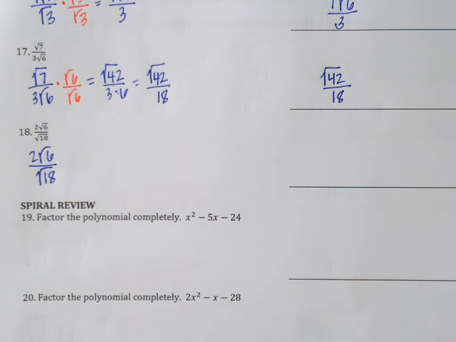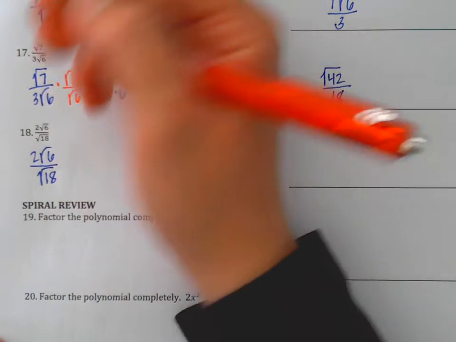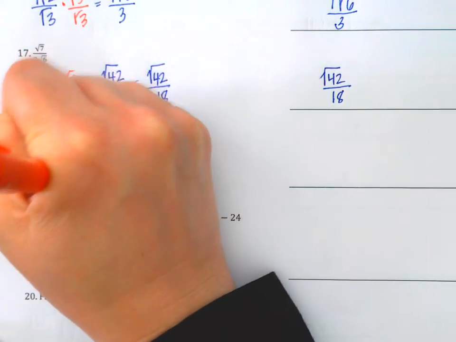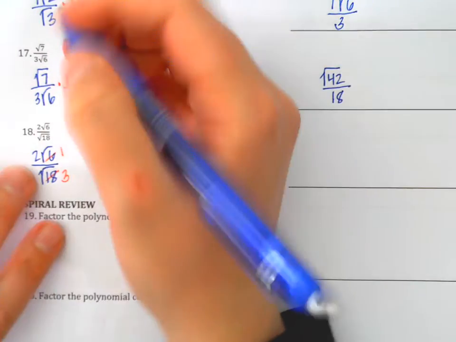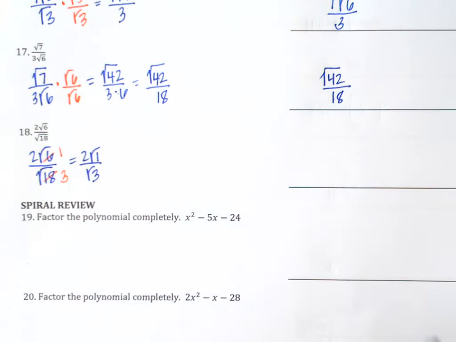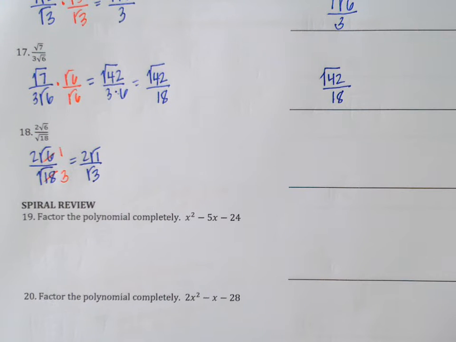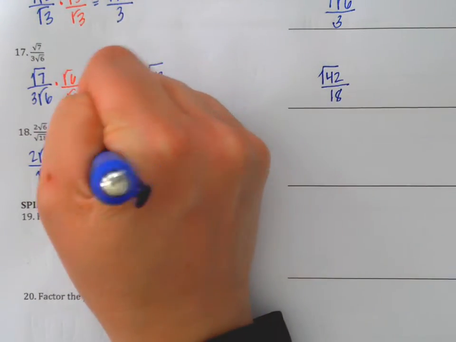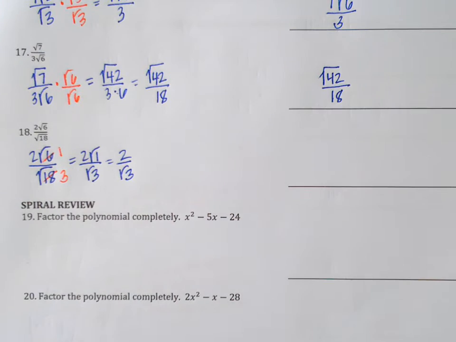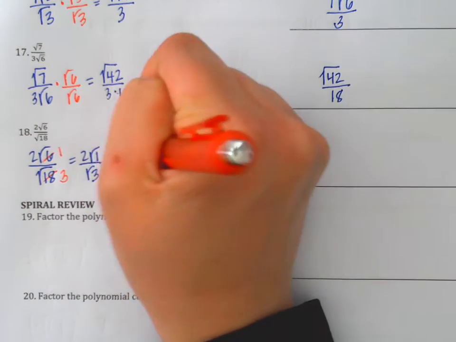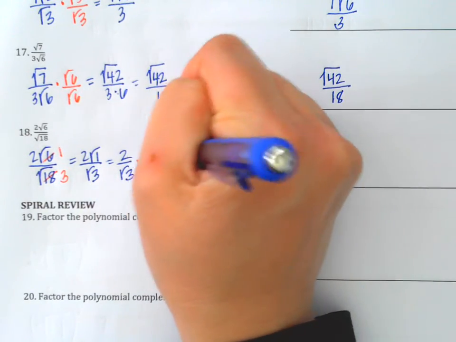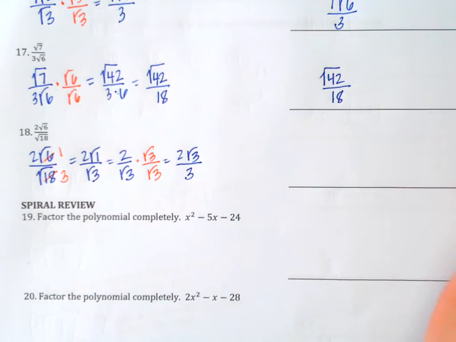The 6 and the 18 are both divisible by 6. 6 divided by 6 is 1, and 18 divided by 6 is 3. And so that would get me 2 rad 1 over rad 3. Well, the square root of 1 is just 1, and 2 times 1 is just 2. And so then I'm left with just 2 over rad 3. And then I can just rationalize the denominator, and I get 2 rad 3 over 3.